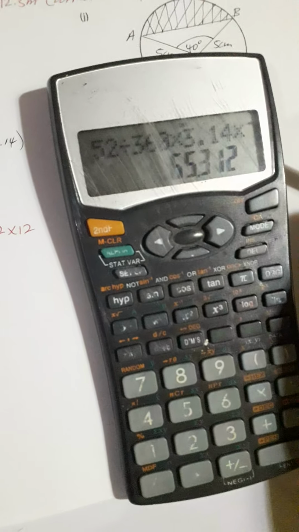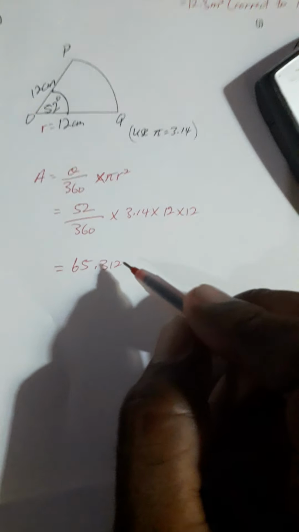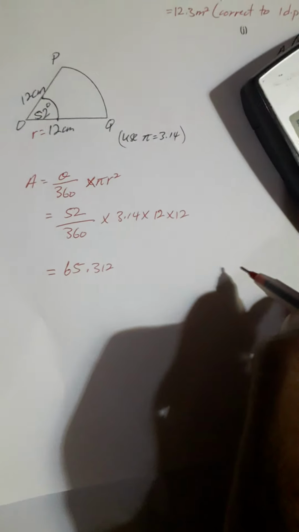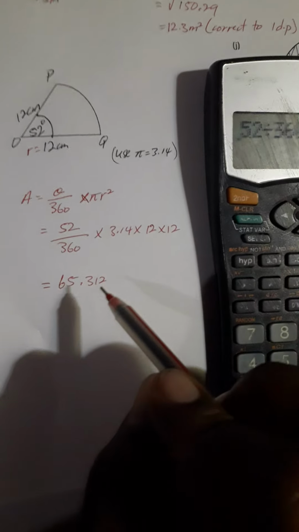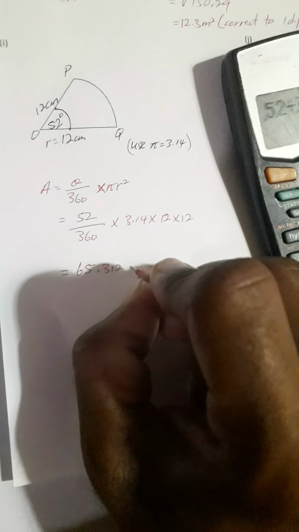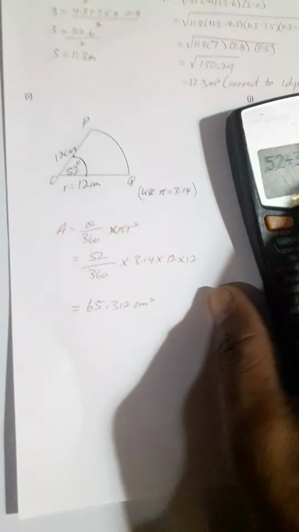If we have a lot of decimal places, then we can round off to 1 or 2 decimal places. Here I don't need to write correct to 3 decimal places because this is the exact answer. We are not rounding off, so I put the exact answer there. This will be cm square.